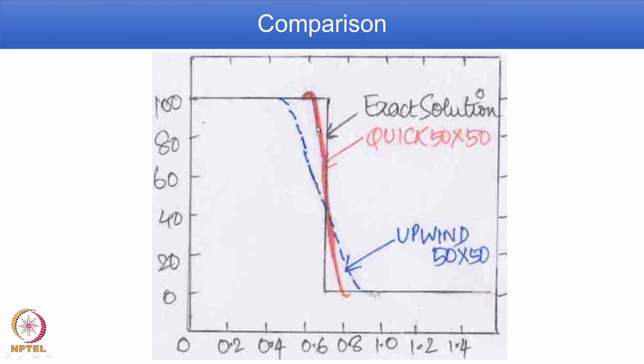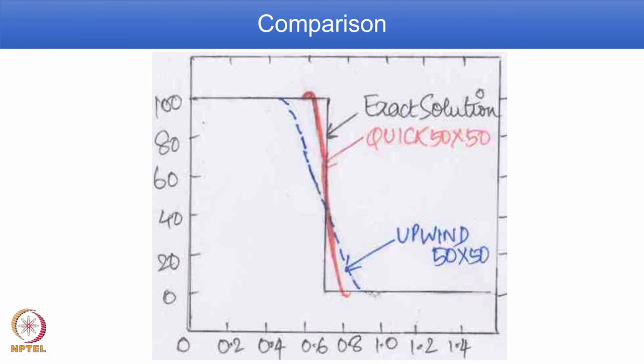And you can observe between the two, though QUICK solution reaches near the exact solution for the same mesh size, it also exhibits some overshoots and some undershoots, because it is going below 0, which is kind of unrealistic. Pure upwind is not capturing the exact distribution, but there is diffusion, there are no overshoots or undershoots. This is the property of what is known as numerical viscosity.